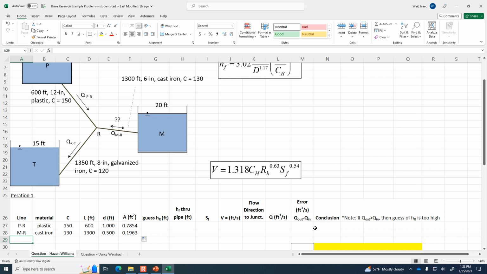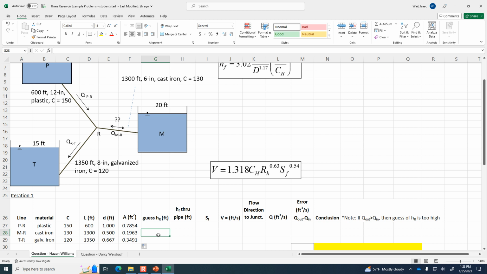Our third and final pipe is TR. And this one is galvanized iron with a roughness factor of 120, a length of 1,350, diameter is 8 inches, so equals 8 divided by 12. And once again, I'm just going to apply the formula from above to calculate the area.